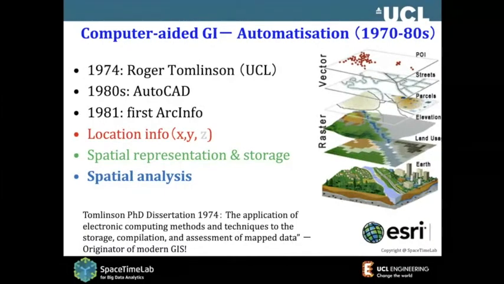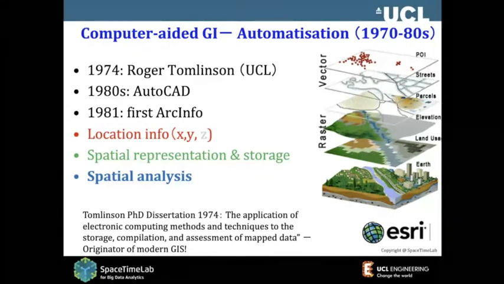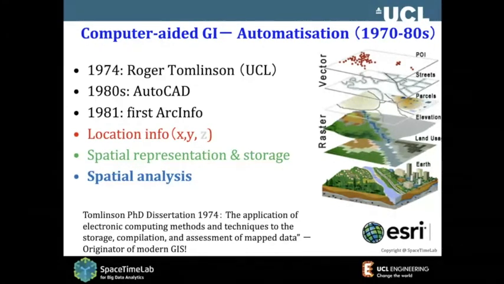Actually, when we really ask what real GIS is, probably we want to claim Roger Tomlinson, who did his PhD in UCL geography. He really is the first person who proposed using computers to draw maps. I think that was the 1970s. What we had at that time was information about the location X, Y, and some information on terrain height.